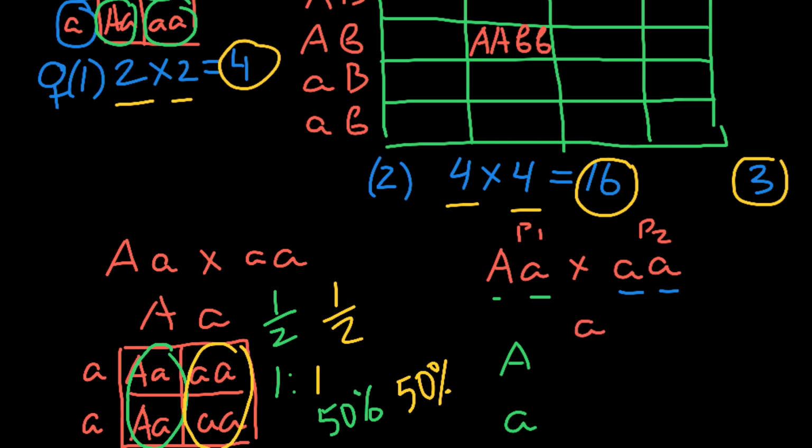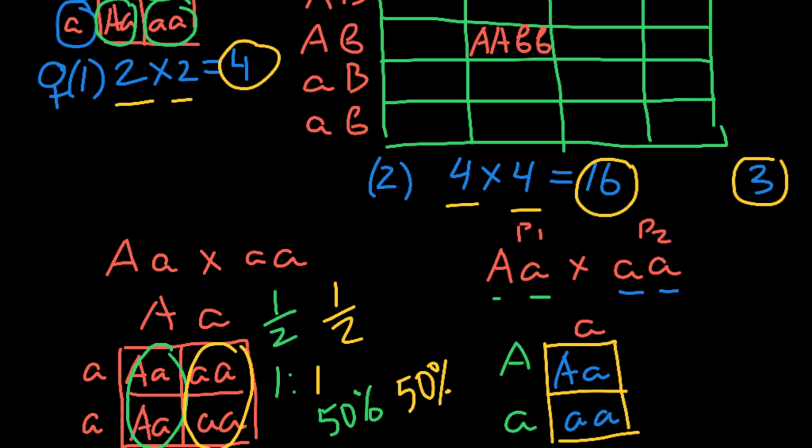Now let's build a Punnett square, and we would have two variants of the genotypes here. It's going to be capital A, small a, and small a, small a.